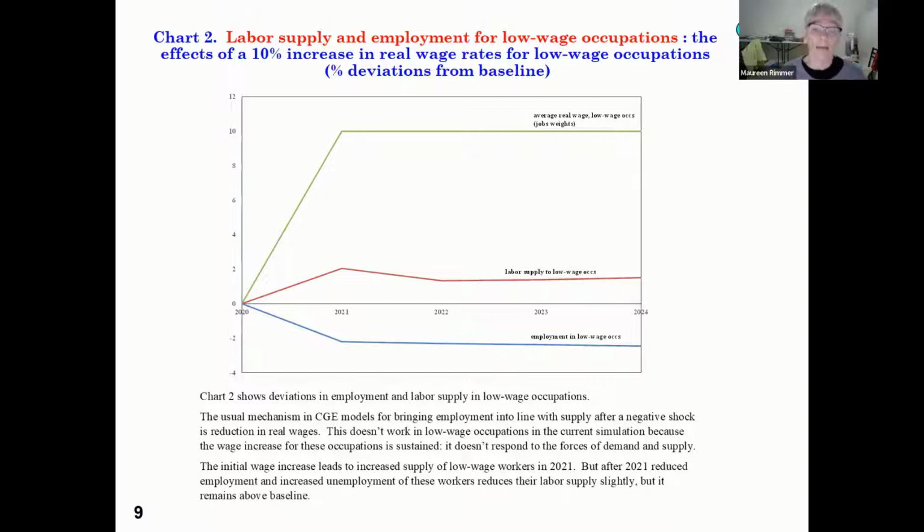So a big gap opens up between the labour supply and employment. And the sticky wage adjustment mechanism isn't working for these low wage occupations. We turned it off because the experiment is to maintain that average real wage at 10% higher. So for these workers, and only for these workers, we've turned off the wage adjustment mechanism. And so the gap remains between labour supply and employment.